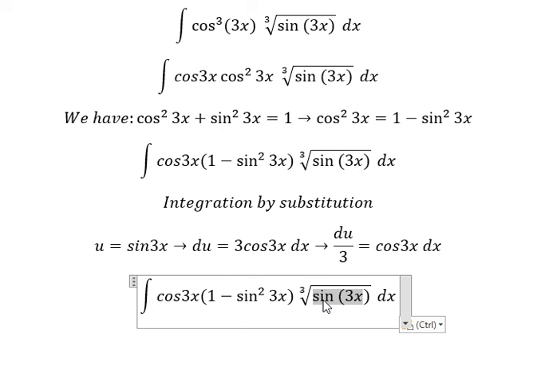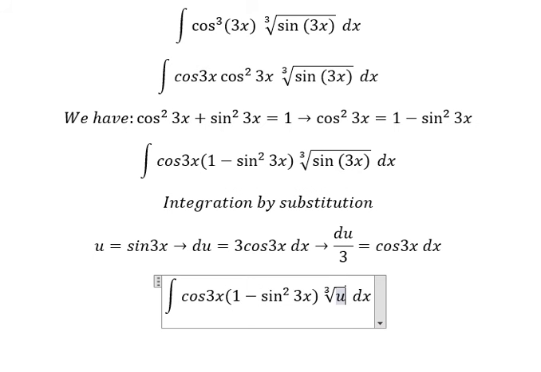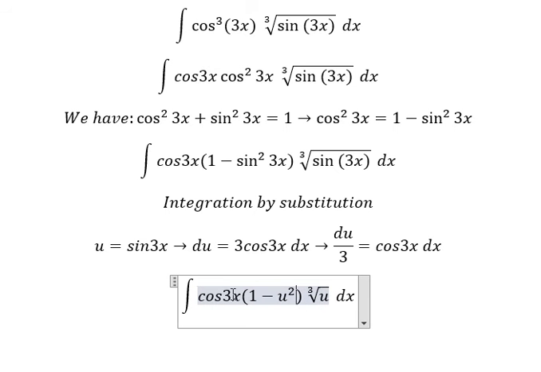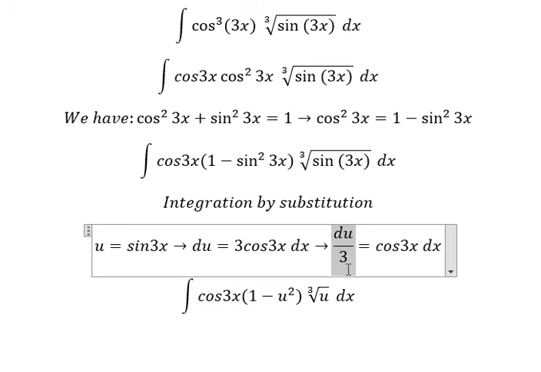This one we change to u. This one we change to u squared. Cosine 3x dx we change to this one.